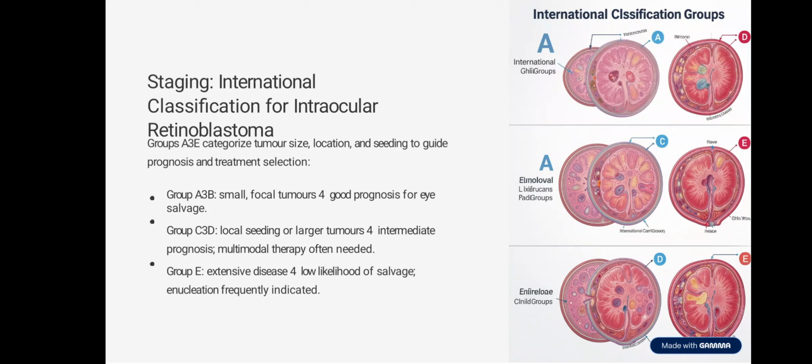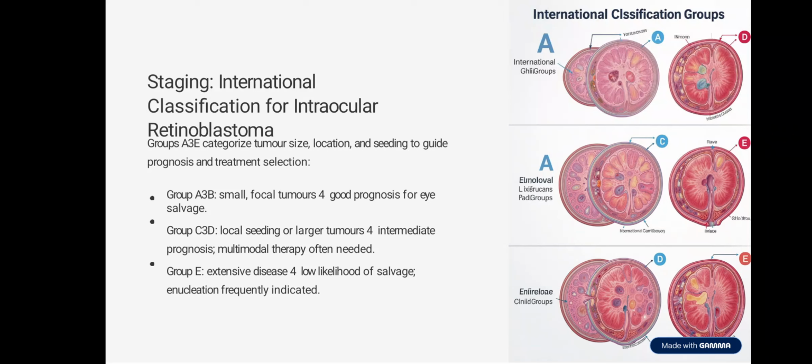Next, the staging. We follow the international classification for intraocular retinoblastoma, where retinoblastoma is staged as groups A, B, C, D, and E. The groups categorize tumor size, location, and seeding to guide prognosis and treatment selection.